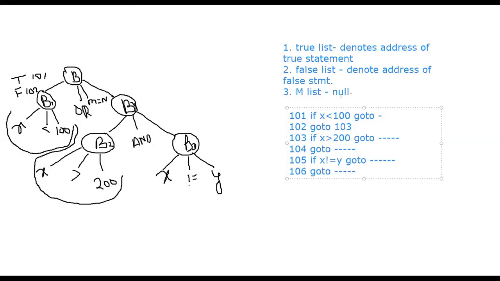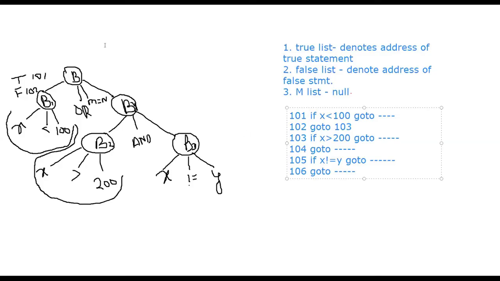Fine. Now see carefully. For the first condition, which is in the OR with the remaining 103 to 106 lines, if x is less than 100, then go to blank. And if this statement is false, then we'll execute the AND condition. And from where this AND condition is started? At the line number 103. So in false go to, I have written 103.